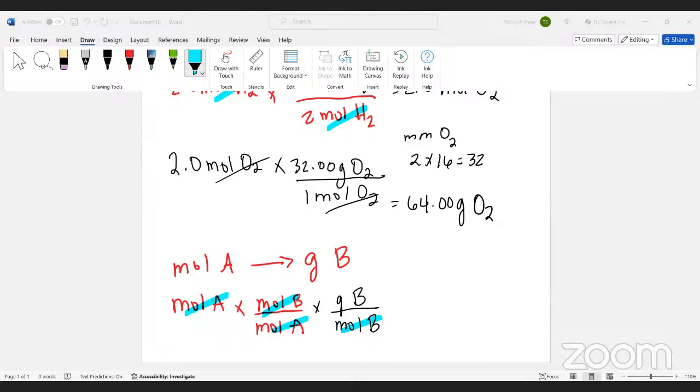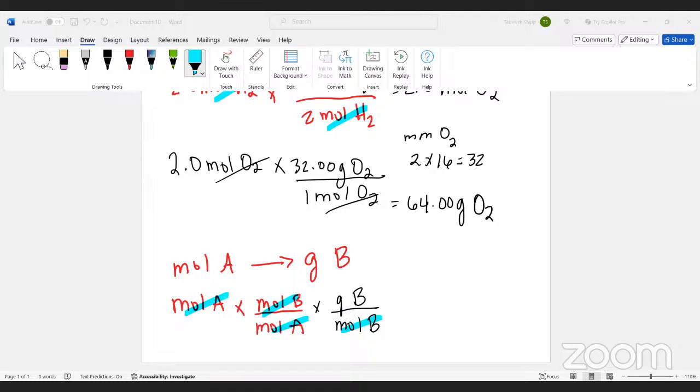Now, here's what I want you to do. I want you guys to watch what I am erasing. Because we're saying limiting reactant, the 1.00 moles that they gave you of iron 2 oxide doesn't change. The coefficient that goes with iron 2 oxide is 3.